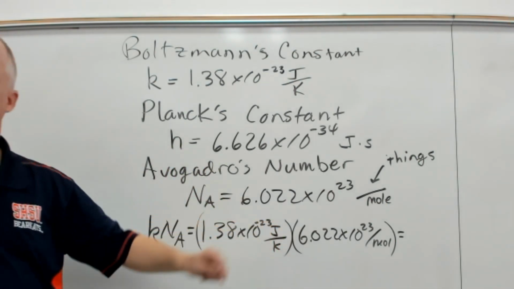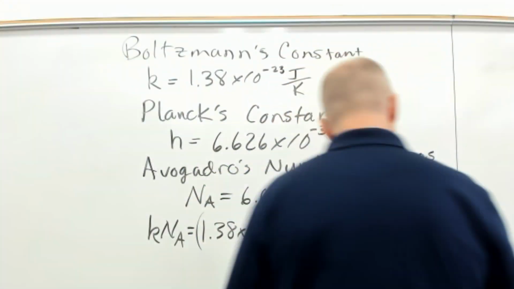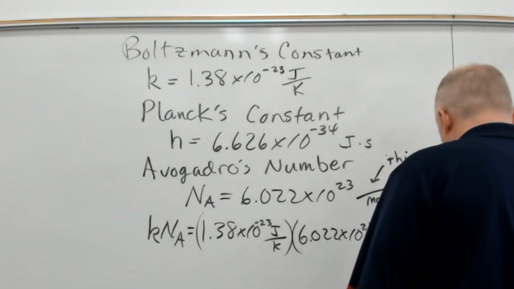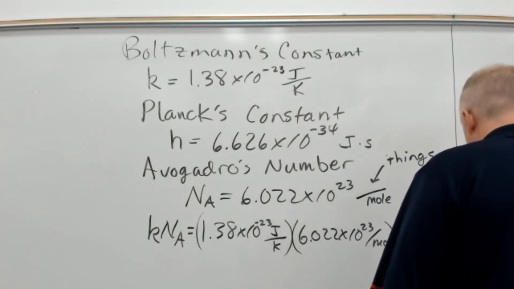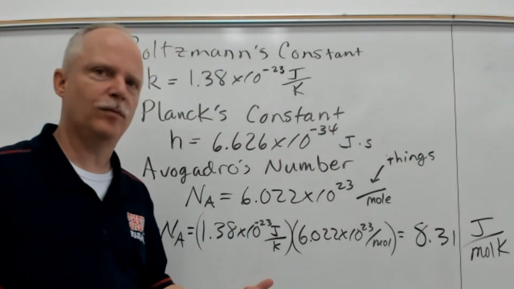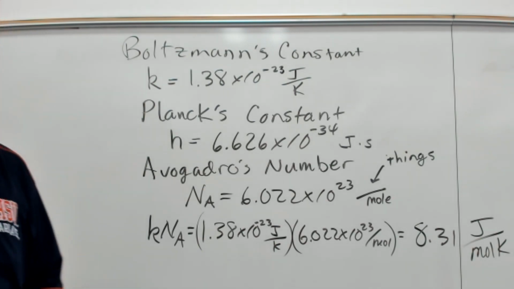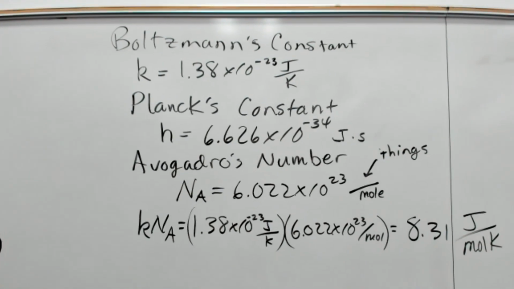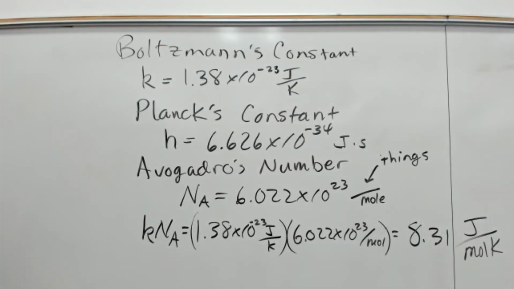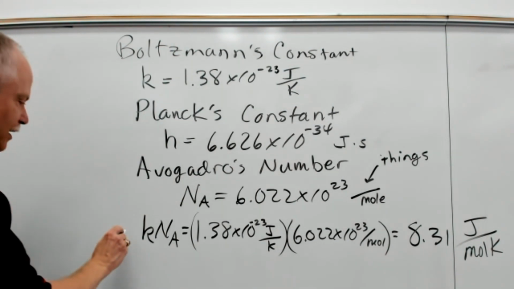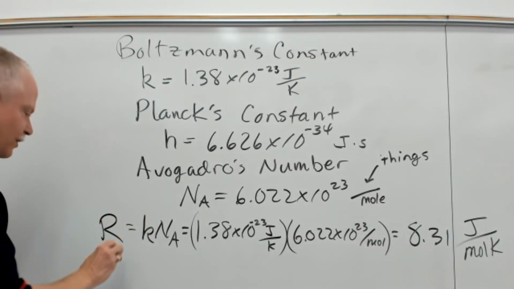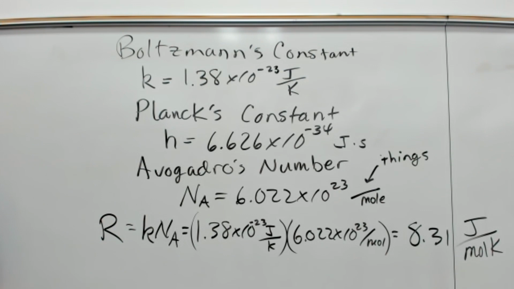You have joules per mole Kelvin. That sounds familiar. We've used that number a lot. And that is the gas constant. So that's R. We've given that a term R. It's the gas constant.